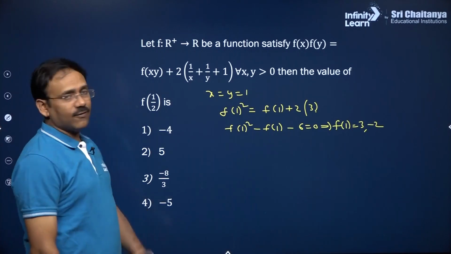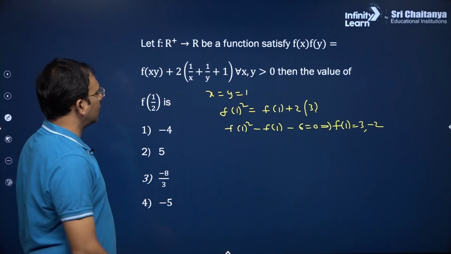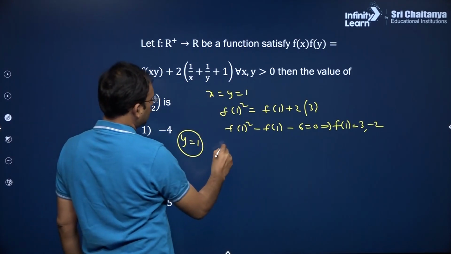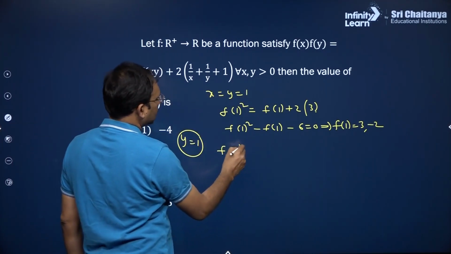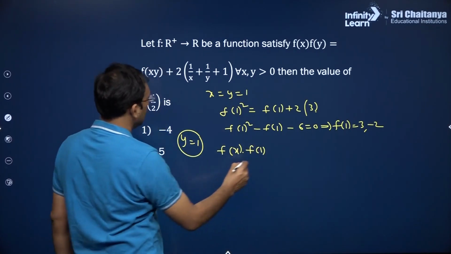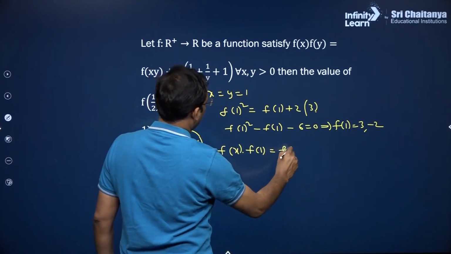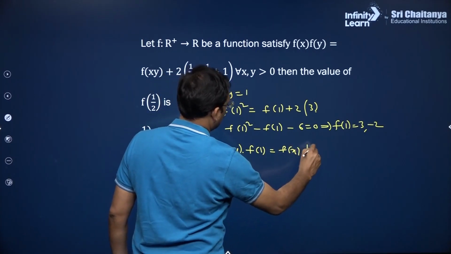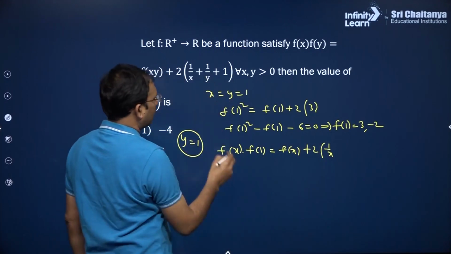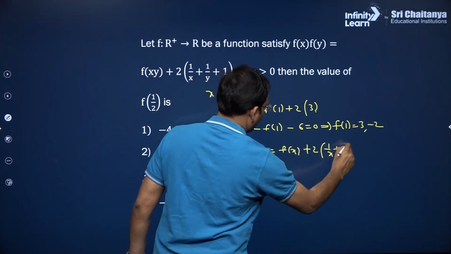In fact, I want f of 1 by 2, take out one of the variables, simply put y is equal to 1, my dear friends. If you put y is equal to 1, f of x into f of 1, let it be there because there are two possibilities, is equal to f of x plus 2 into 1 by x plus 1 by 1, 1 plus 1, 2, my dear friends.